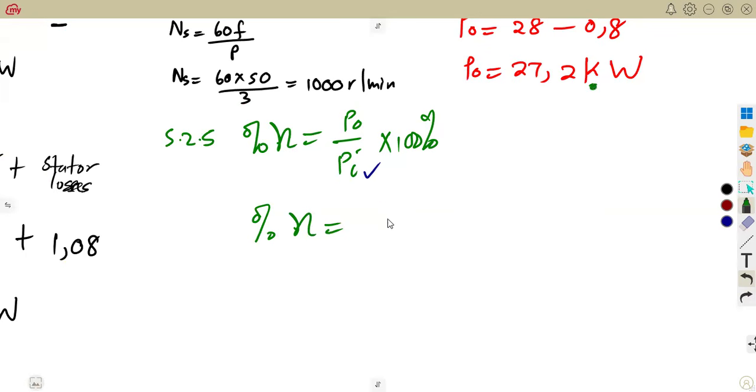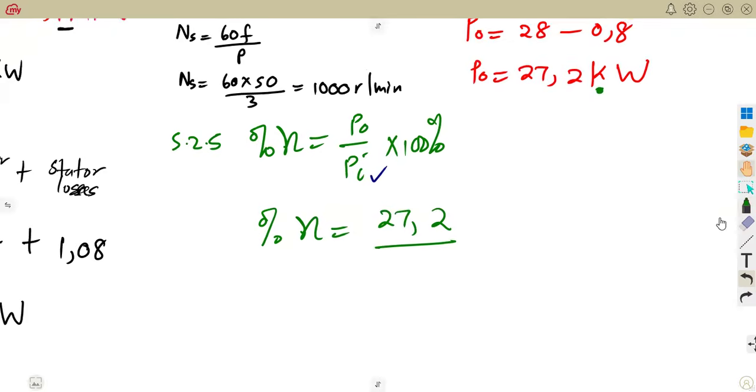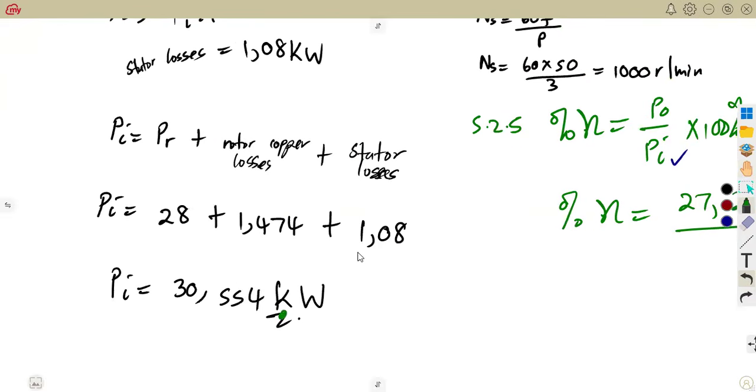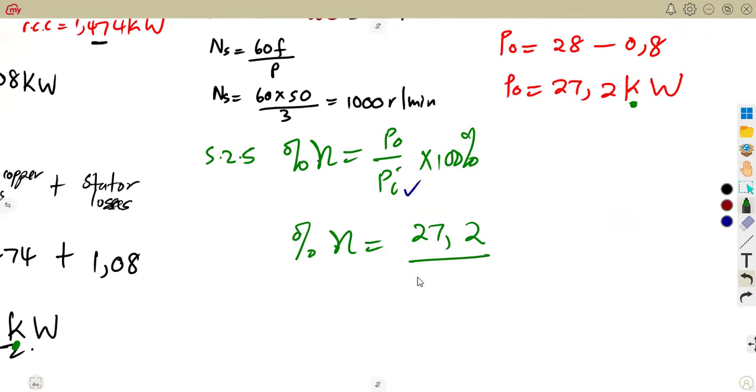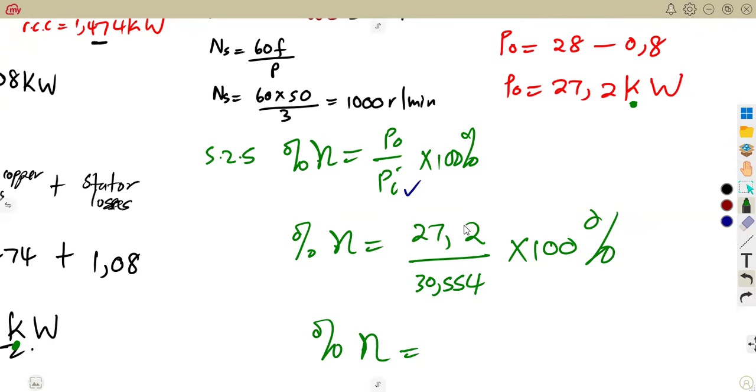Output in kilowatts, that's 27.2, over the input. We're going to have also this in what? In kilowatts, which is 30.554. So with this, efficiency was going to be calculated just like that. So your percentage efficiency in this case was going to give us 89.023%. So this is your percentage efficiency.